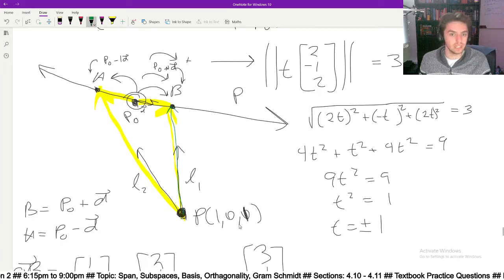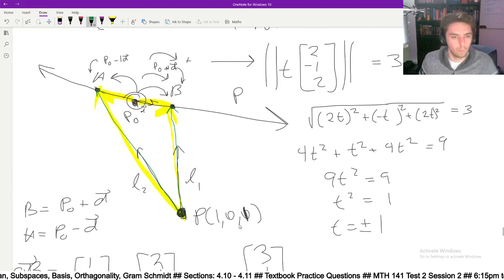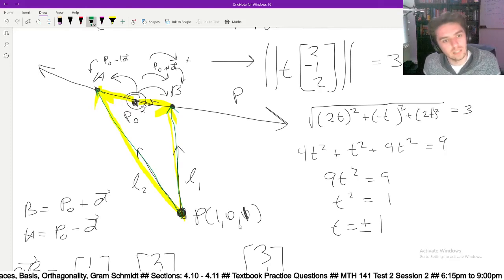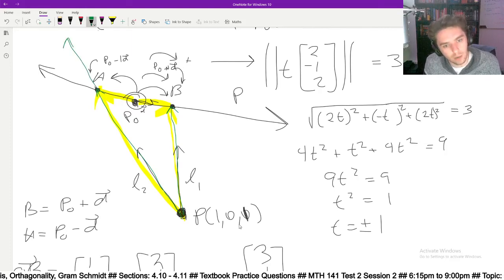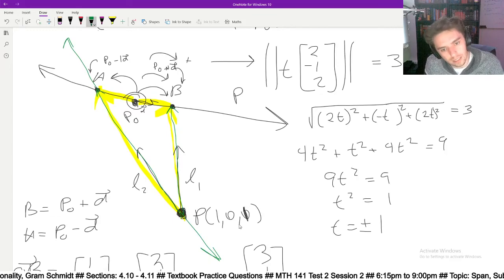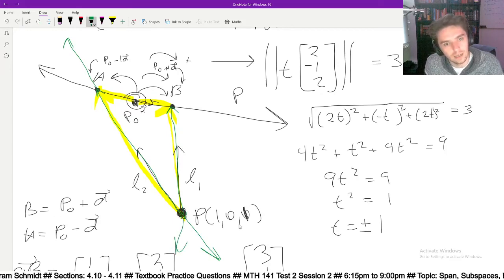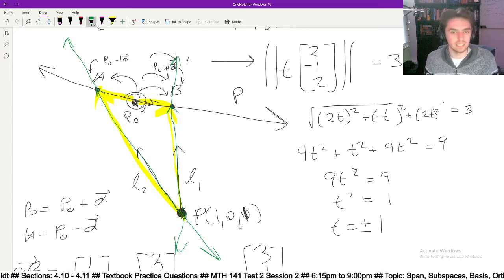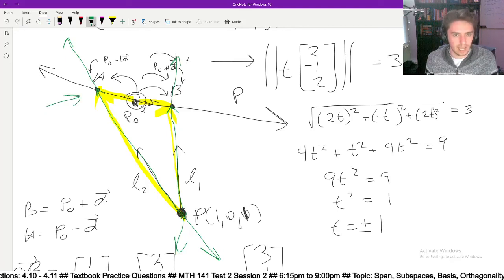If it did, then we'd need to figure out what t is. What we did is we found lines that just pass through, so they keep going in either direction. But the important thing is that they pass through this line at a distance of 3 from P naught.